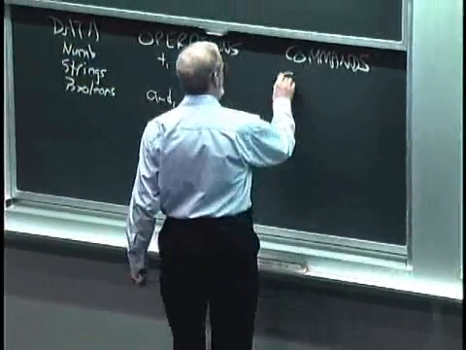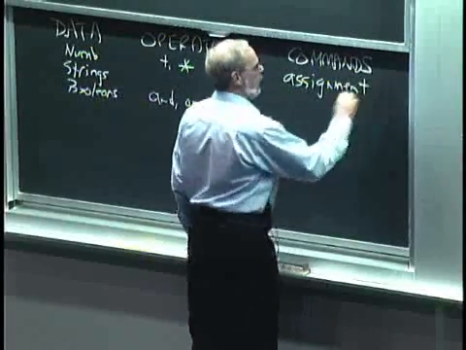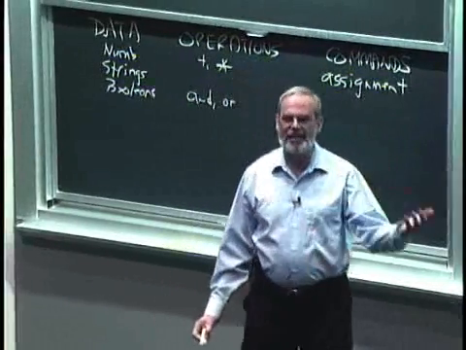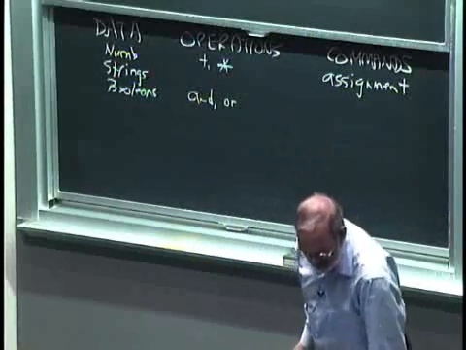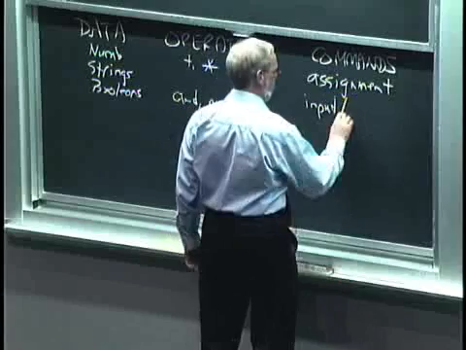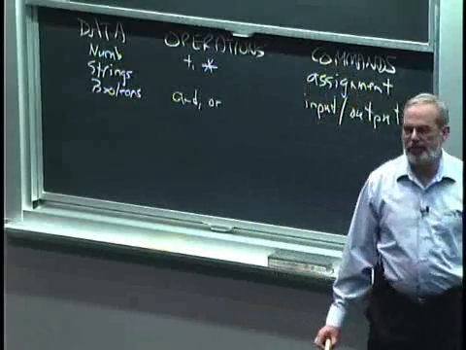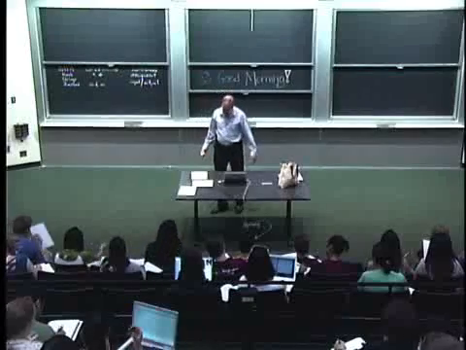And I'm going to suggest we've seen now four different things. We've seen assignment, how to bind a name to a value. We've seen input and output. Print for output, for example, and raw input for input.